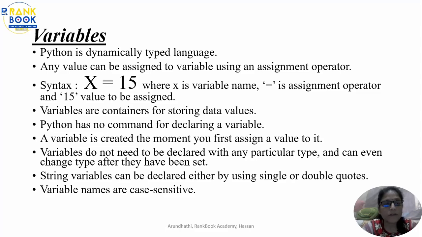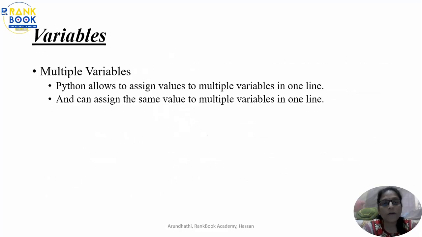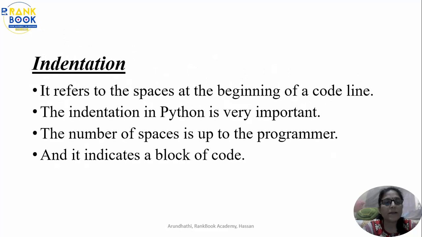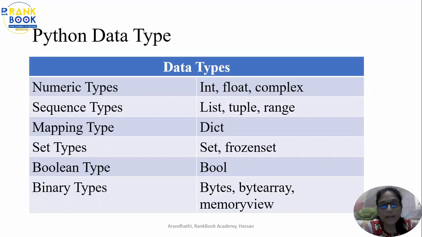In our previous session, we observed variables of Python. So now we will discuss Python data types. There are different categories: numeric types, sequence, mapping type, set types, boolean type, binary types.